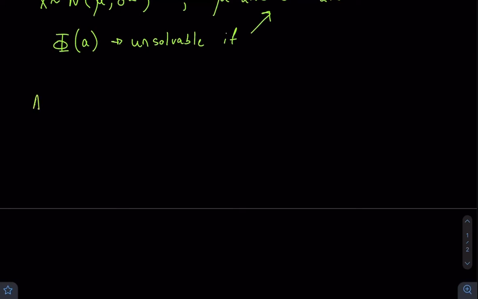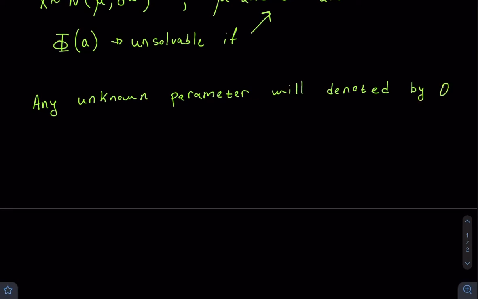So any unknown parameter in our distribution will be denoted by theta. And theta can either be one value, two values, or infinitely many values.